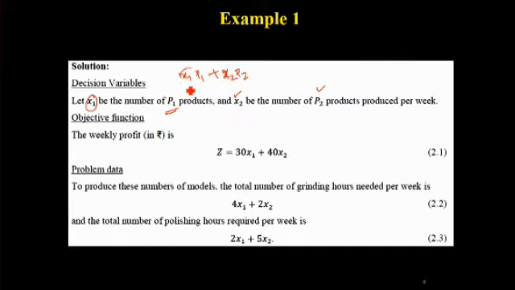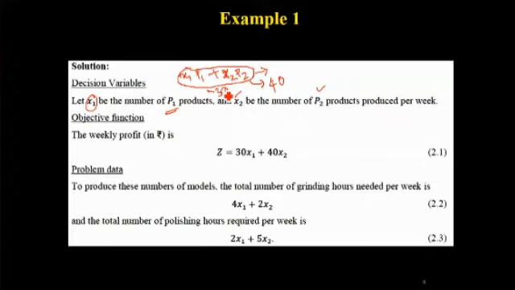Now this is our objective function that we have to increase. If this is maximum, then we will get the profit, because whatever is produced will definitely be sold. Each P1 product sold gives 30 rupees profit, and each P2 gives 40 rupees profit.